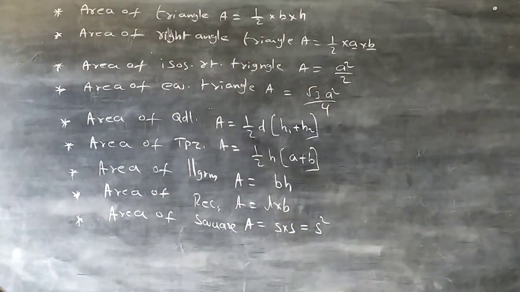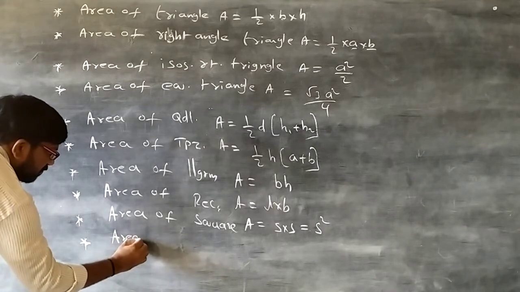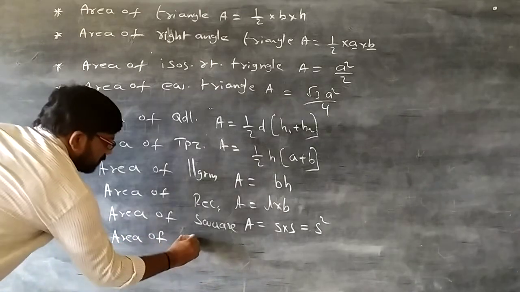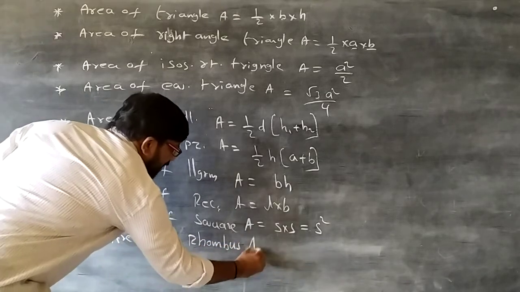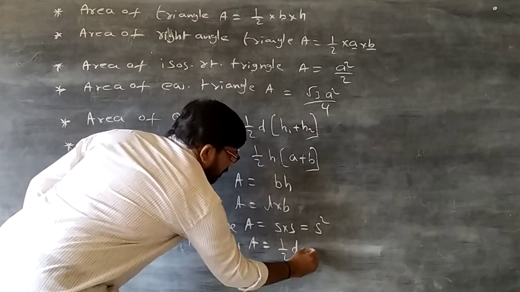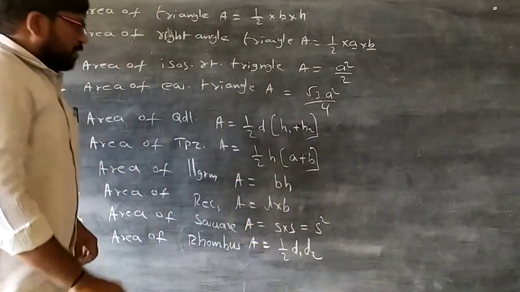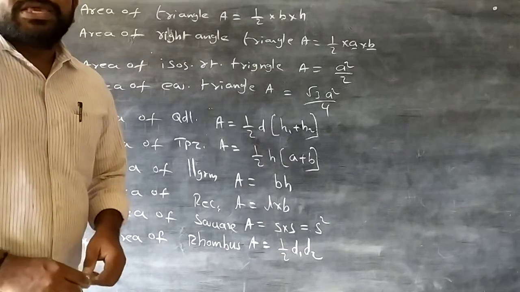Next, area of rhombus is equal to half into D1 into D2. Right? So these are the formulas. Keep them in your mind.